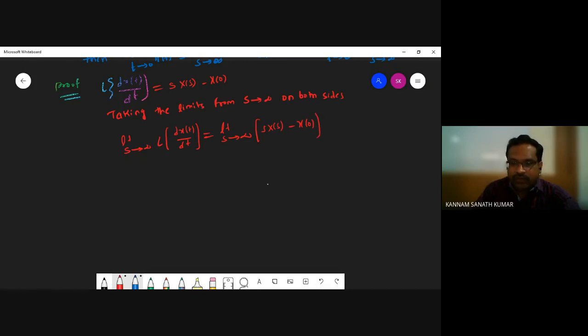Okay. So limit s tends to infinity, apply Laplace transform, so that is from 0 to infinity. Let us consider the given signal is causal, so integral of dx of t by dt, e power minus st dt equals limit s tends to infinity, s into x of s minus x of 0.